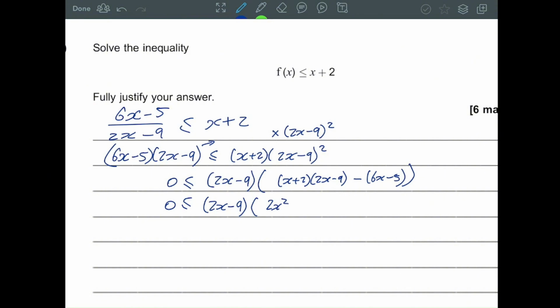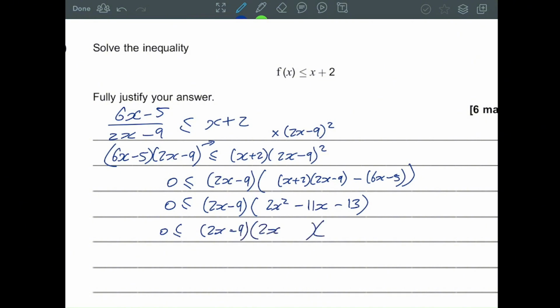Expanding this one out, though, I'm getting a 4x - 9, which gets me to minus 5, minus that extra 6x. I've got minus 18, minus 5, that's minus 13. That looks like it factorizes really nicely.